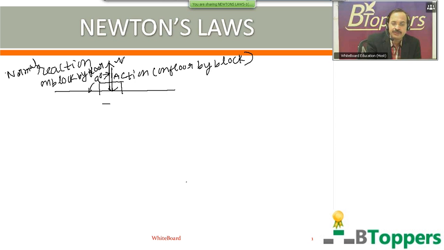If N represents the magnitude of the normal reaction force on the block by the floor, then the magnitude of the force on the floor by the block will also be equal to N. Of course, N may be equal to mg in magnitude in some problems, but you cannot generalize that N equals mg in every example.